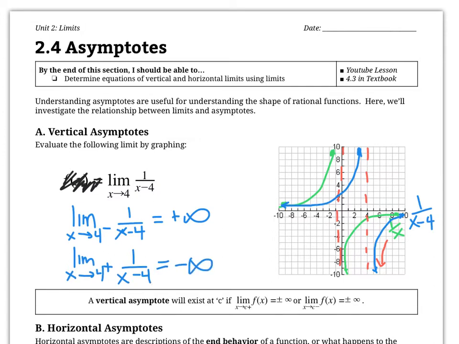Okay, so does this limit exist? Well, the positive side and the negative side are not equal. They approach very different things. Positive infinity and negative infinity are very different things. So we say does not exist.